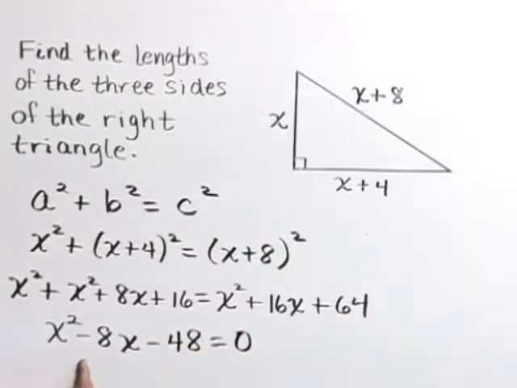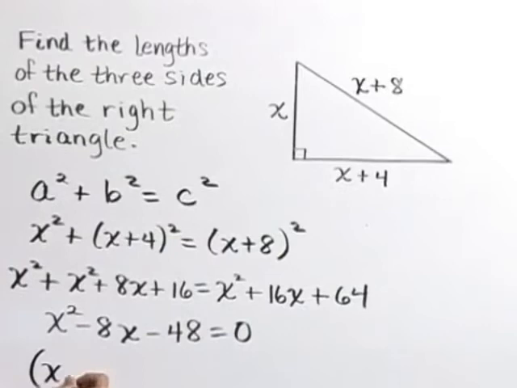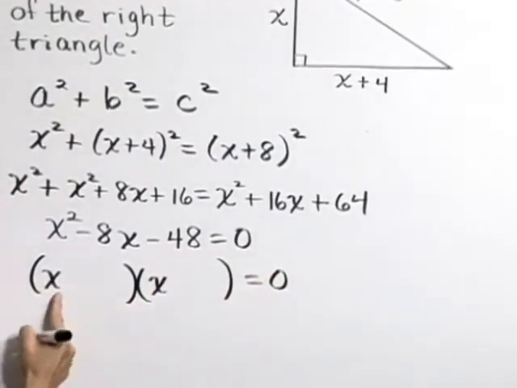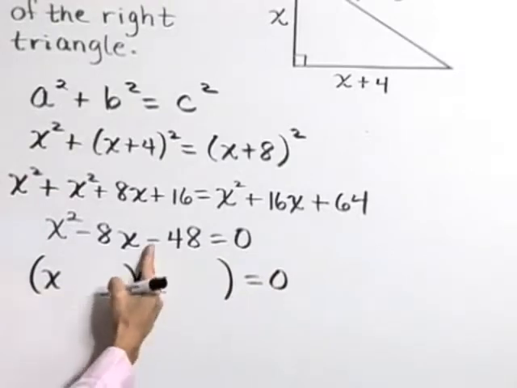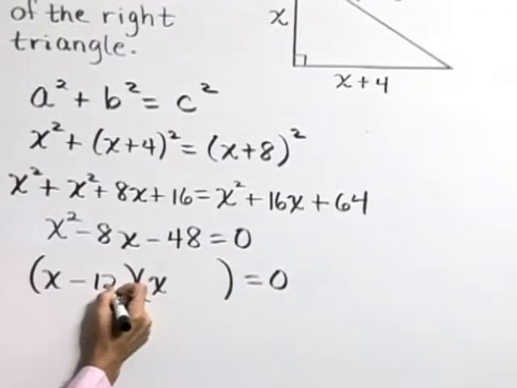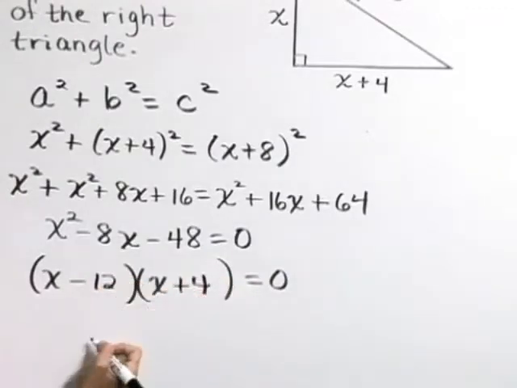We've got our quadratic equation in standard form, and this is going to factor, so let's use the factoring method. That factors as two binomials with leading terms of x. Factors of negative 48, they're going to make this work, are a minus 12 and a plus 4.